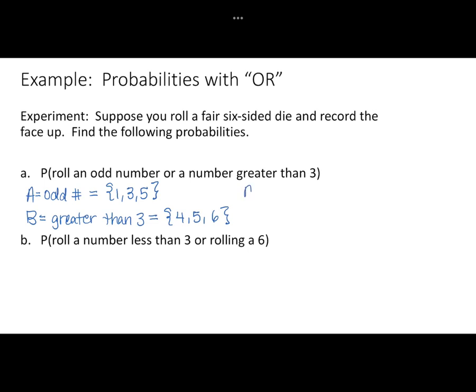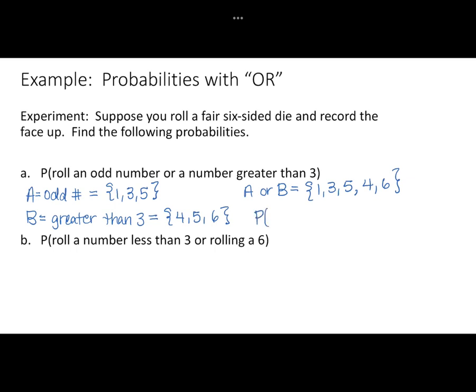What is in A or B? Well, to be in A or B, you have to be in A or in B or in both. So that's going to include 1, 3, and 5 because they live in A, but also 4 and 6 because they live in B. I didn't write 5 again because we already have 5 listed.